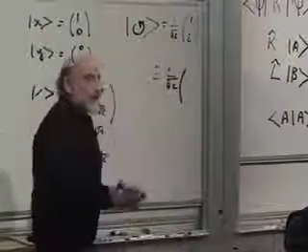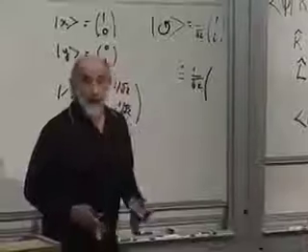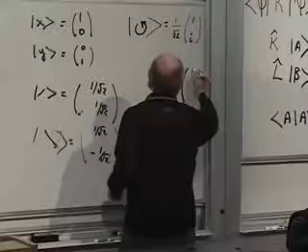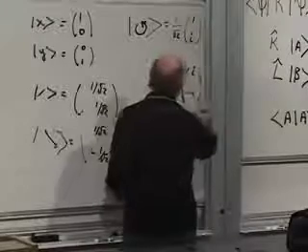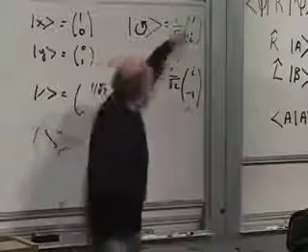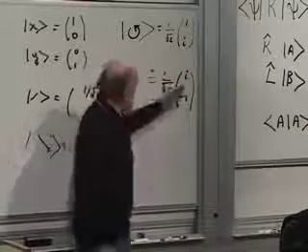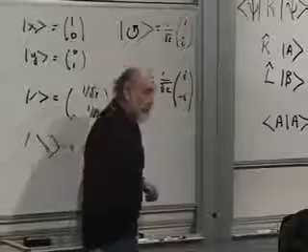Now I'm going to multiply everything by i. i is a pure phase, it's e to the i pi over 2. 1 over square root of 2, i, minus 1. i times 1 is i, i times i is minus 1. So this has exactly the same physical content as this one here.